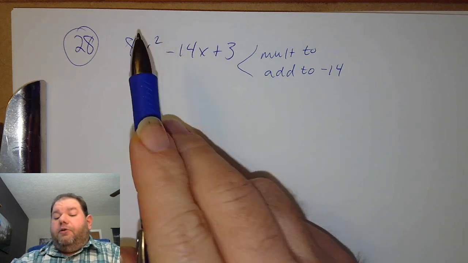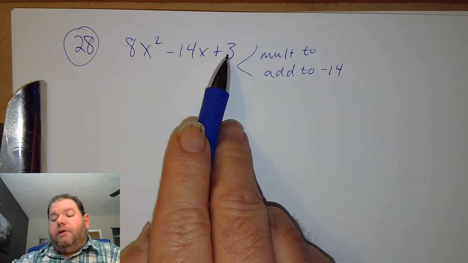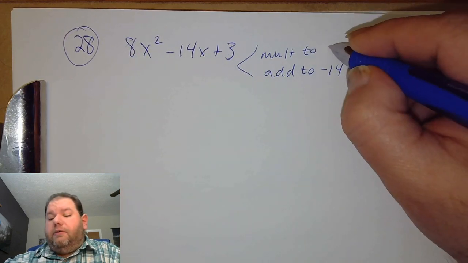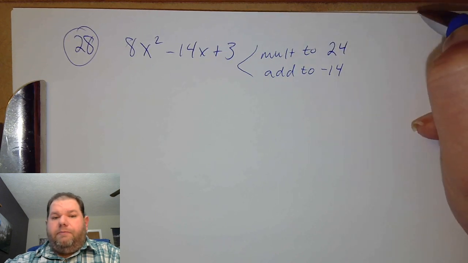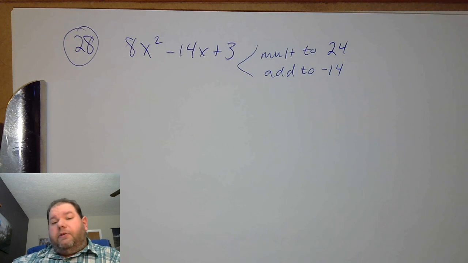Now remember, we multiply the first and the last number, 8 times 3. So we're going to need the two numbers that multiply to 24 and add up to negative 14. Again, with a positive product and a negative sum, the numbers should be both negative.